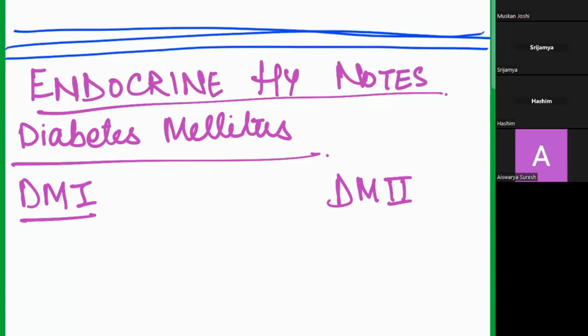So what do you think, is it diabetes type 1 or type 2? It would be type 1 because it usually presents in a younger patient, and it doesn't occur due to lifestyle issues but rather due to various genetic factors. So if a patient comes like that, I feel diabetes mellitus 1 is more probable.